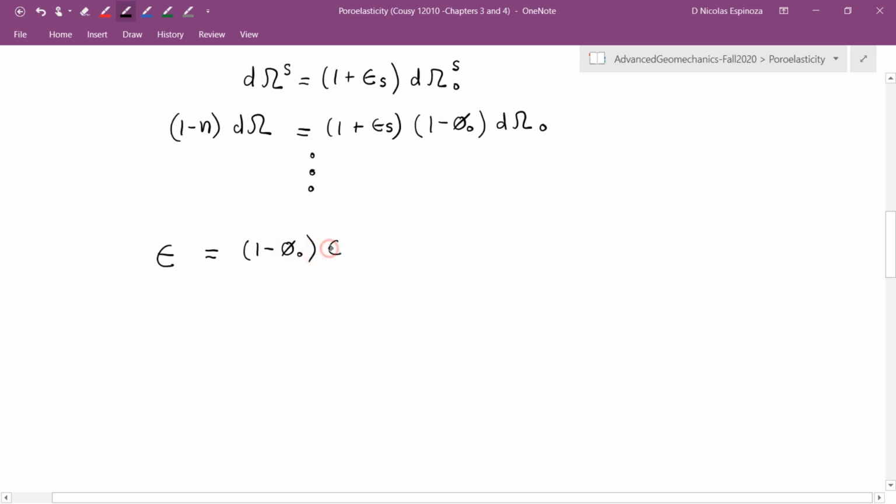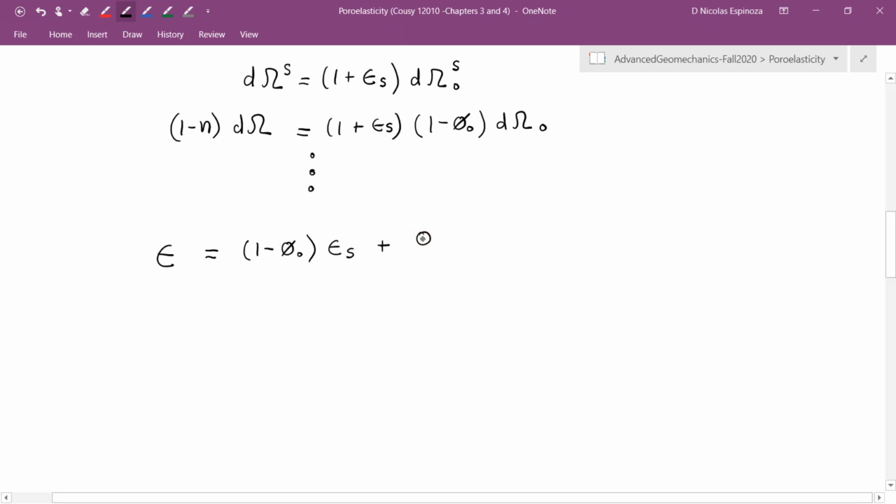This is going to depend on the strain of the solid. And notice that 1 minus porosity is the fraction of the solid, plus the porosity strain. Probably this is the first time that you hear this term, porosity strain.